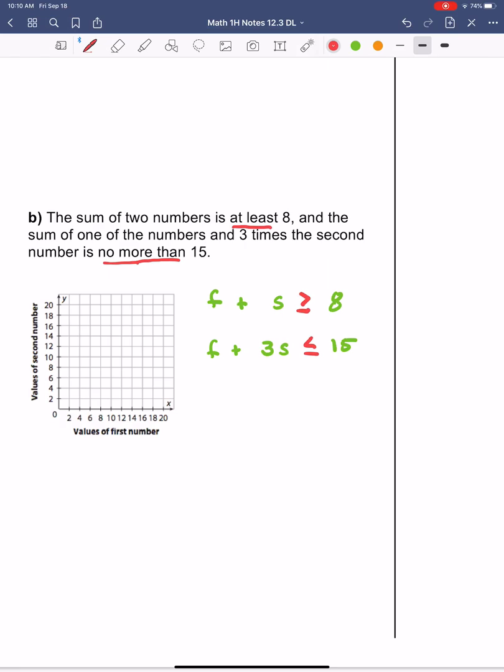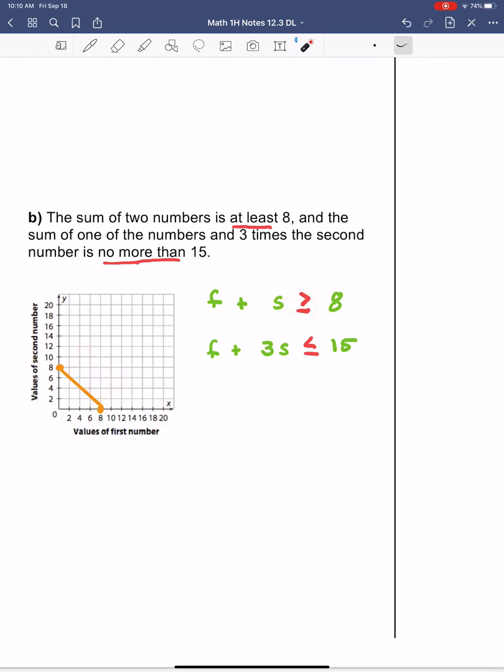Once again, I've got my setup here. From the first equation up top, my intercepts are going to be at 8 and 8. Again, we have a solid line because of the or equal to bar, and because it's greater than or equal to, we want to shade everything above the line.